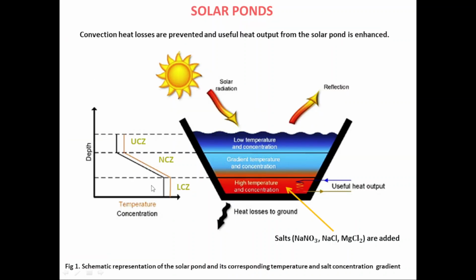So your LCZ has a high concentration of salt, followed by your NCZ, that is your non-convective zone, compared to your UCZ, that is your upper convective zone or surface convective zone, or your upper cold layer of water. Compared to your lower convective zone, where the concentration of salt is high, your upper convective zone has a low concentration of salt, as well as a low temperature.